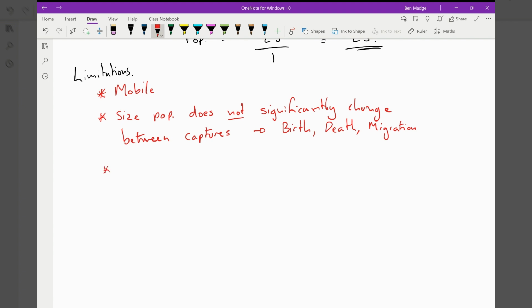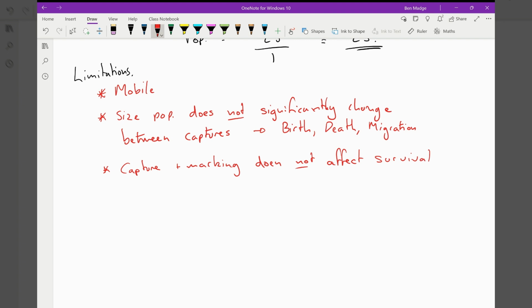The capture and marking does not affect survival. Helps if you can spell, doesn't it, really? There we go.